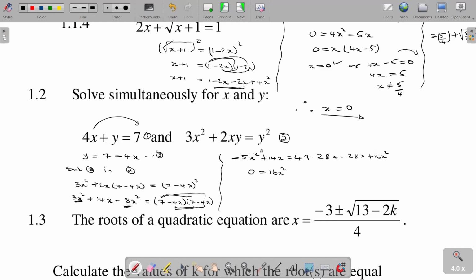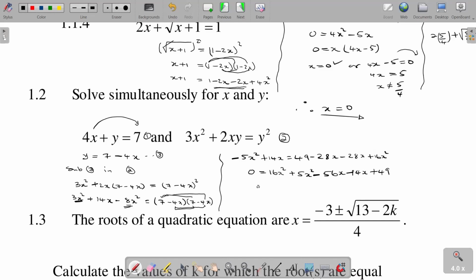Taking this 5x squared to that side, it becomes plus 5x squared. We have got minus 28x minus 28x, it becomes minus 56x. Taking the other one to that side, it becomes minus 14x, then we are having plus 49.